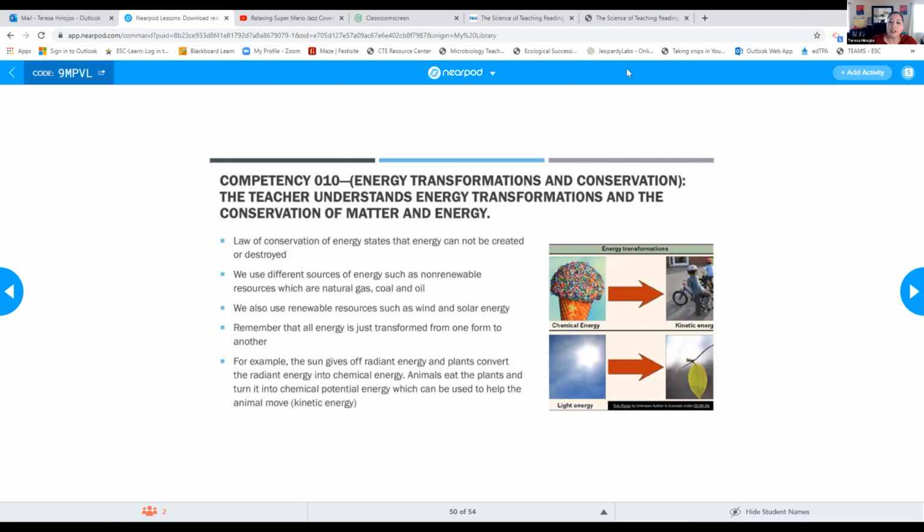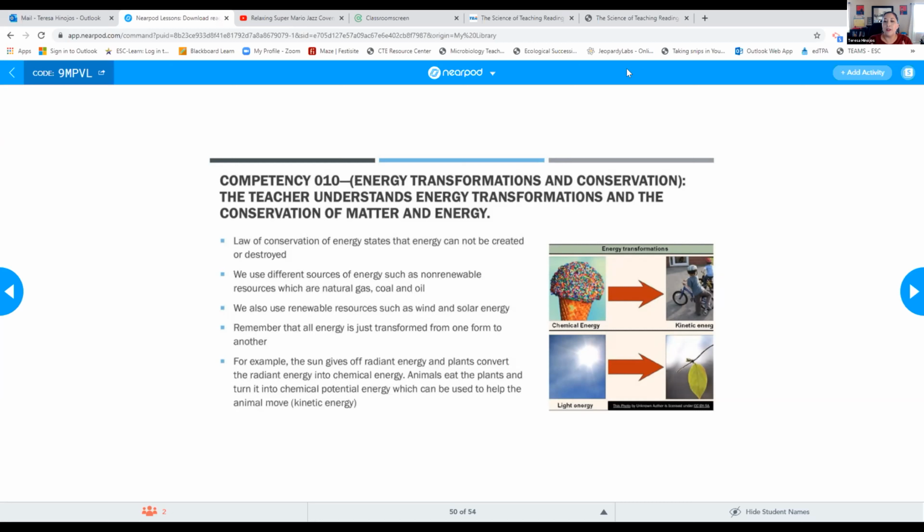Something I would suggest for this competency is looking up those different types of energy that you could have. I mentioned there's solar energy, radiant energy, light energy, sound energy, heat energy. There's a whole bunch of different things out there: mechanical, potential, kinetic, right?